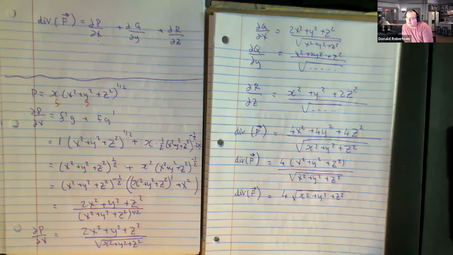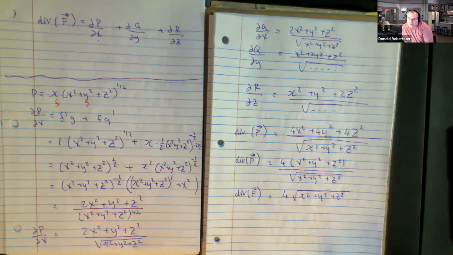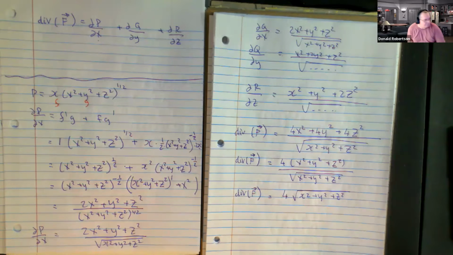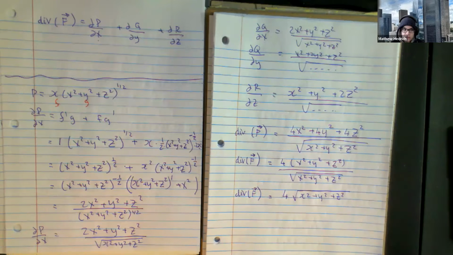Okay, are we comfortable that that was a bit of work, but we have now got a reasonably nice looking divergence? Now, although we haven't come to the next bit, when you see x squared plus y squared plus z squared going on, and you know it's a triple integral, where do you think the coordinate scheme might lead to next? Spherical. Yeah, and that's where it's going to be.